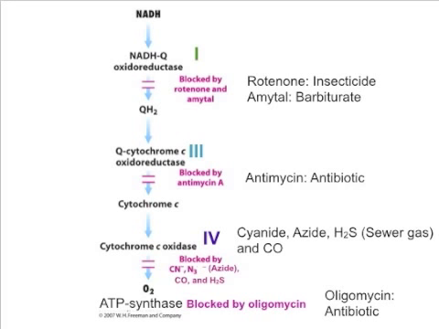This can be relieved through the use of an uncoupler that will relieve the chemiosmotic pressure by allowing protons to flow from the intermembrane space into the mitochondrial matrix. However, ATP will not be produced. Electrons will be passed, oxygen will be consumed, but ATP will not be produced.